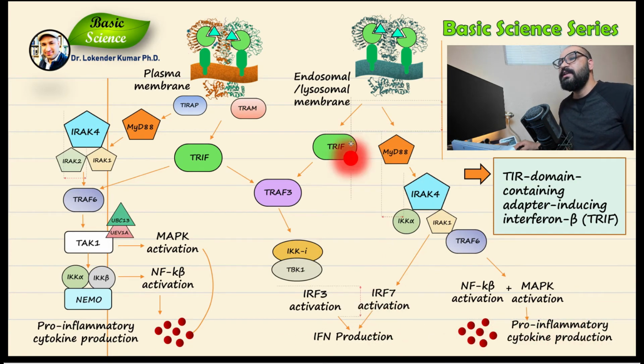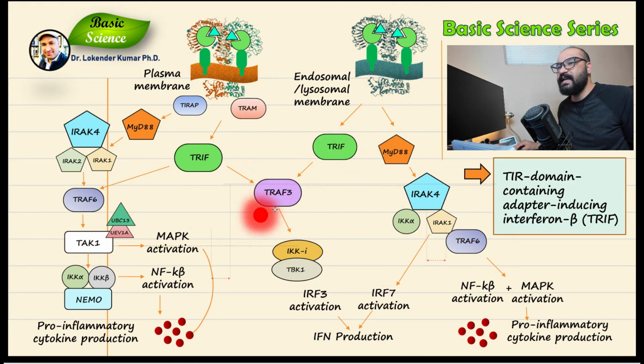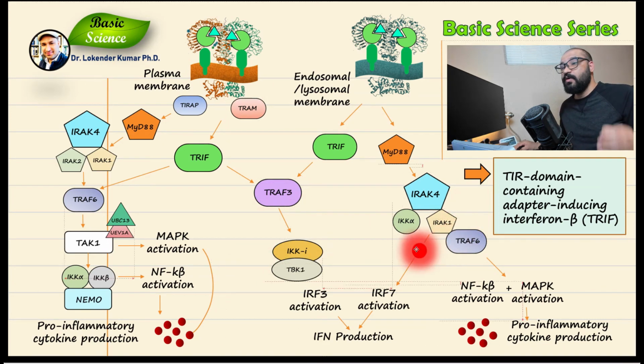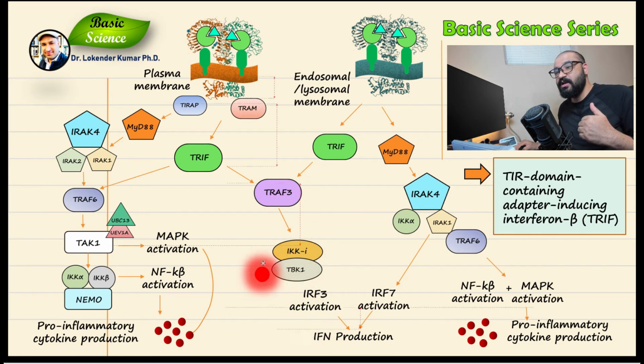Now, in case of the TRIF pathway, you will see that there is another adapter protein, that is TRAF3. So TRAF3 protein helps in the activation of interferon production.